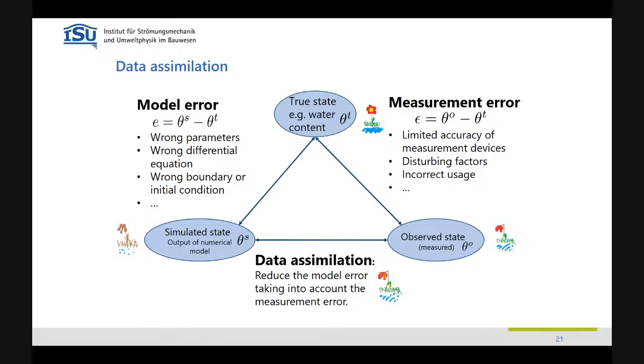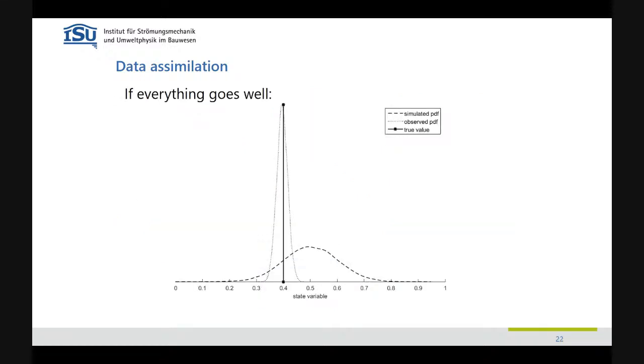And this means if everything goes well, it should look like this. Here's the state I want to predict, and I have a distribution. I acknowledge the uncertainty, and this is my simulated PDF in dashed. I have then an observation. Again, I acknowledge uncertainty, so there's a distribution in the dotted line. And that's the truth, of course, which I would not see.